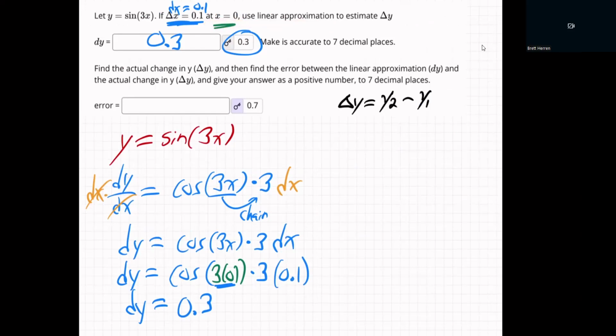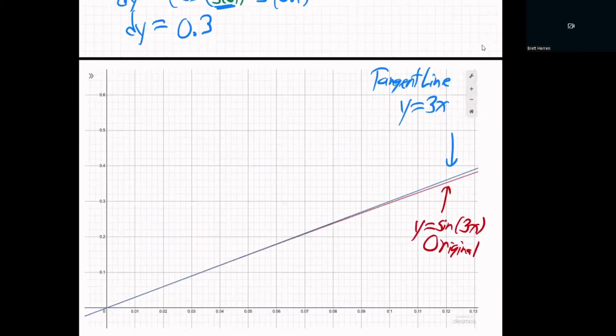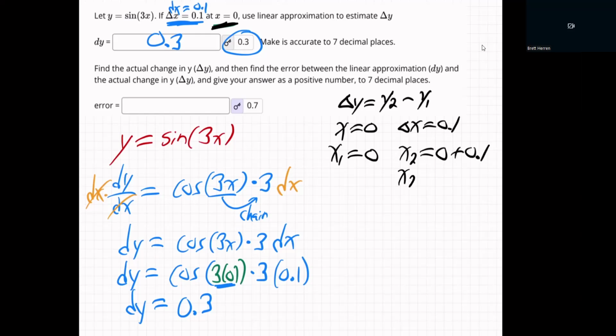So how do I find the difference in y values? Well, that means as you go from x equals 0, delta x is 0.1. So the first value is 0, and the second value is 0 plus 0.1, which means 0.1.